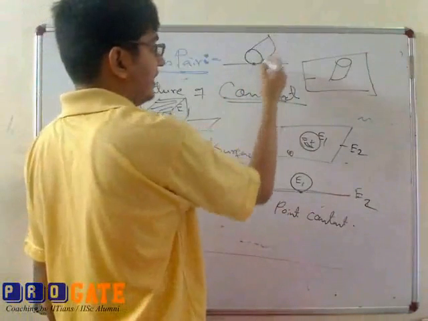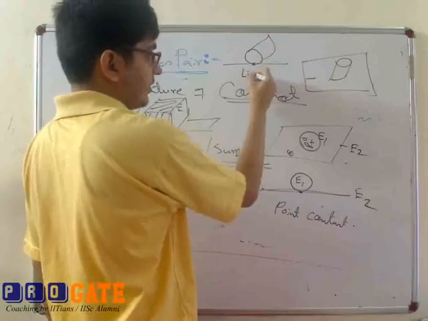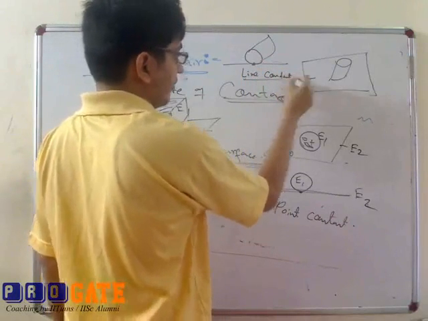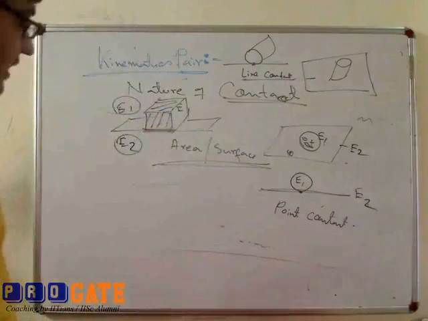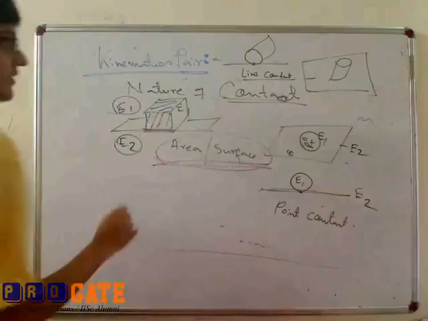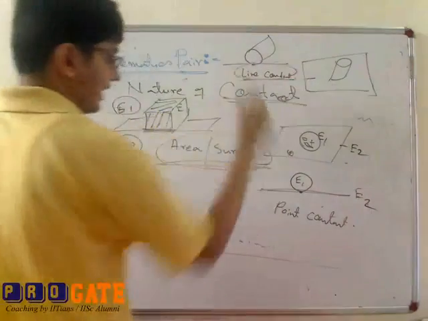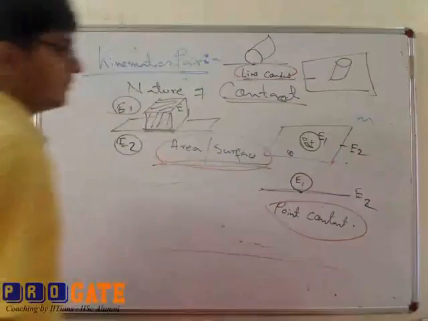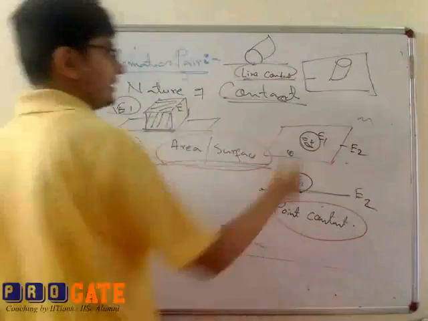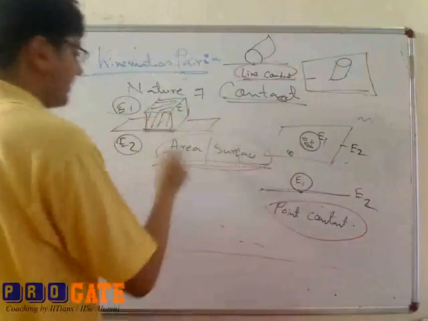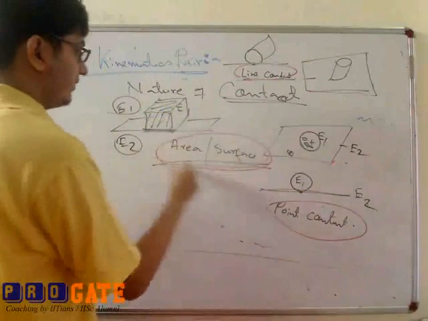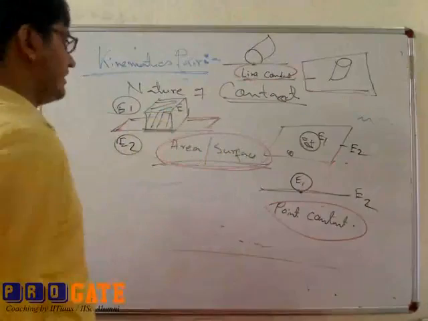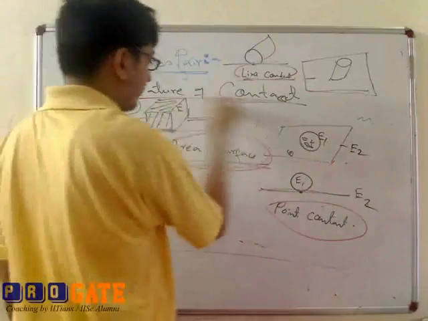So if this is a cylinder, then this is known as line contact. So what we have discussed: first area or surface contact, then line contact, and point contact. Point contact when a sphere is placed on a plane, line contact when a cylinder is placed on a plane, and surface or area contact when a rectangular block is placed on a surface. This is the nature of contact.